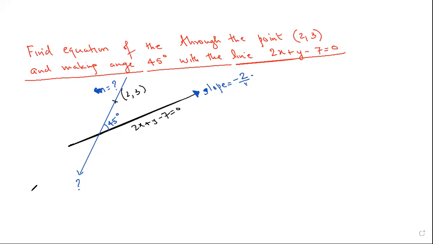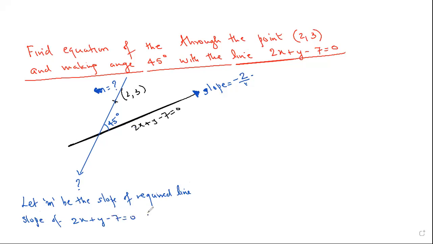So write the solution. Have you made the diagram? Let m be the slope of the required line. Then the slope of 2x plus y minus 7 equal to 0 is -2 upon 1, that is -2. Theta is equal to 45 degrees.